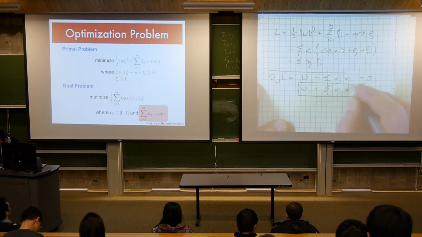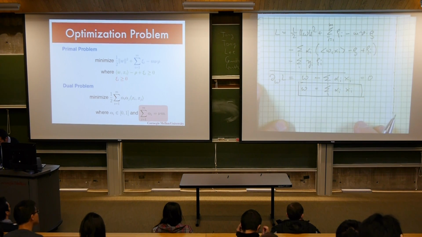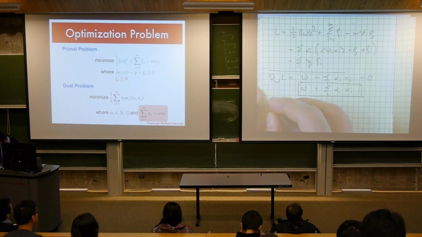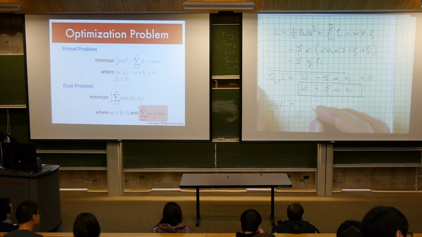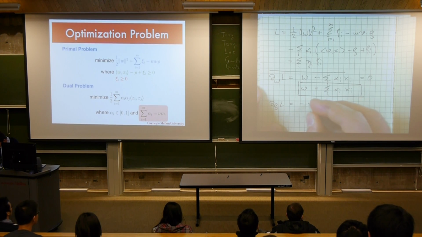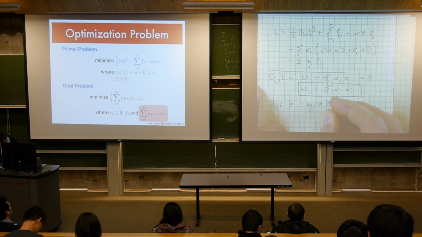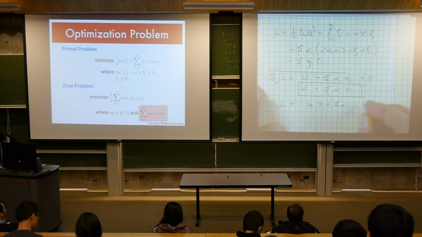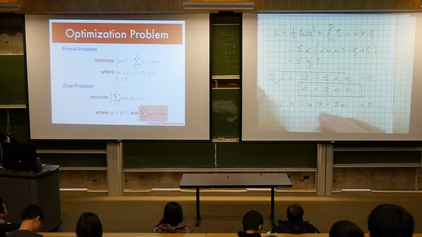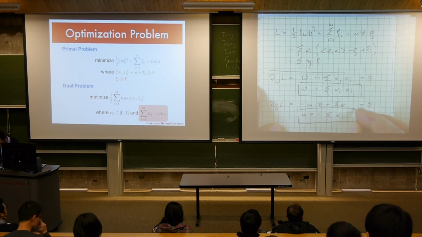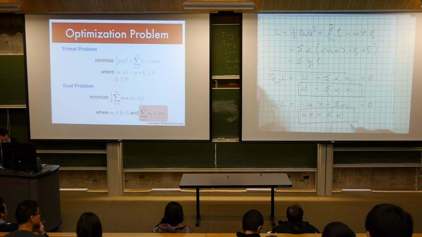That's also called the representer theorem. Secondly, we have the derivative with respect to rho of L equals, well, here we have minus m times nu plus sum over the alpha i's equals 0. So we have m times nu equals sum over alpha i. That's this rate constraint on the right.